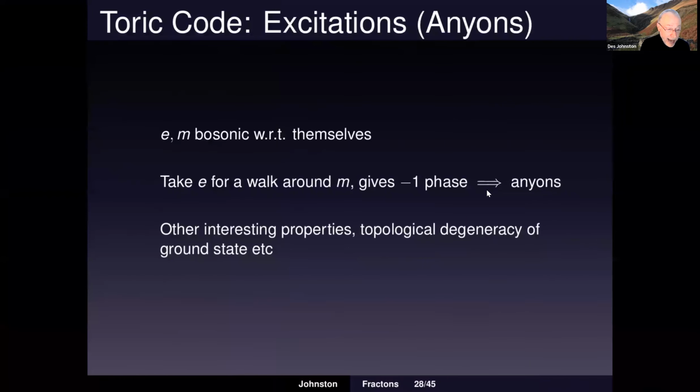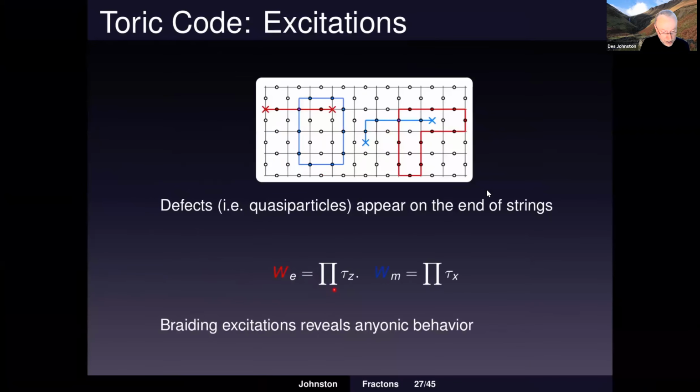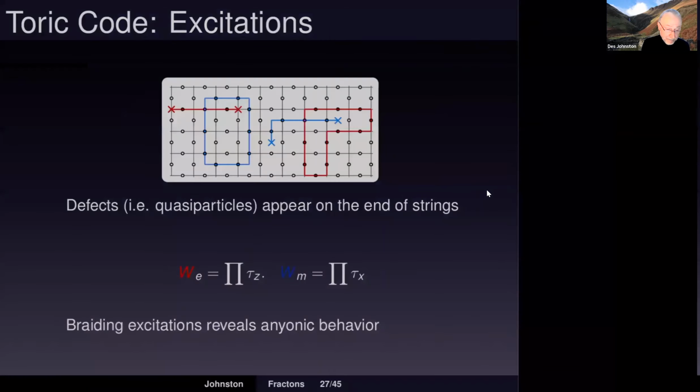So the E and the M: if I've just got, say, an E string, and I braid it with itself, it's just Pauli Z matrices, nothing happens. If I've just got an M string, braid it with itself, it's just Pauli X matrices, nothing's going on. But if I take them through each other, I'm going to exchange or anti-commute X's and Z's, so there's going to be a minus sign coming into that.